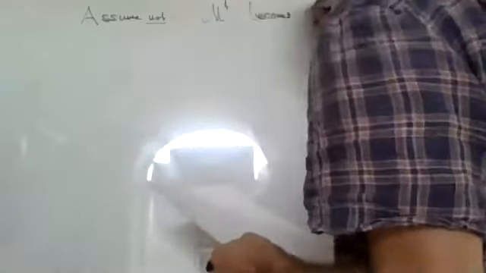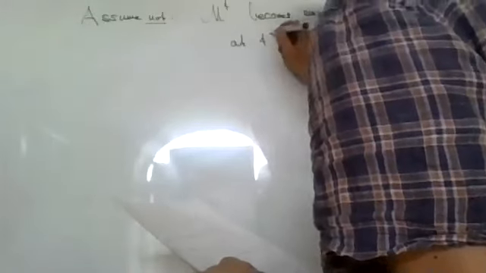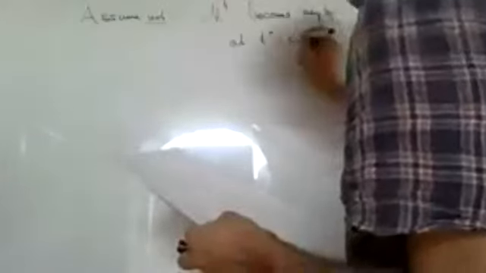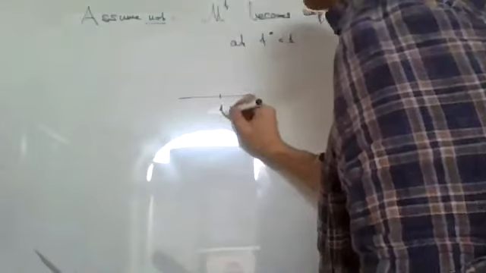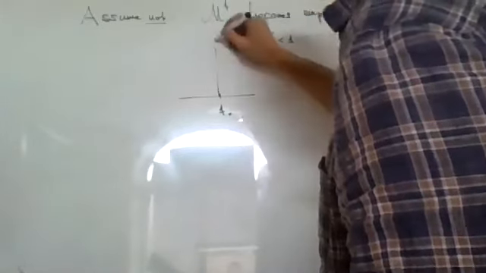So M_t becomes empty at some finite t star. Okay. So well, it's this picture, t star, and unfortunately it explodes. Okay.